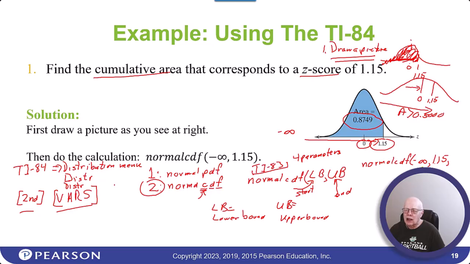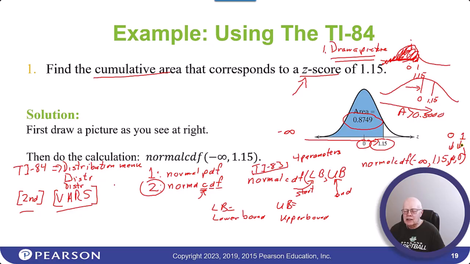So the third option is the mean, and the fourth option is the standard deviation. Now, before we leave here, notice we were talking about z-scores. That means we're talking about the standard normal distribution. So we've got a special condition here. That means this mean is 0, and it means the standard deviation is a 1.